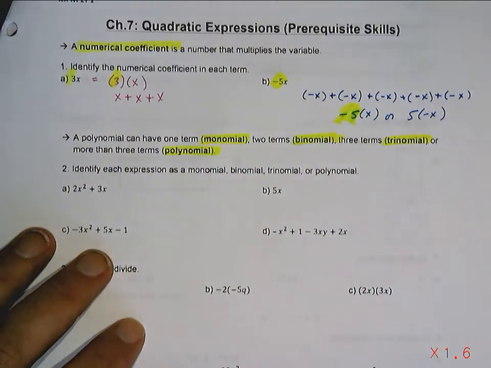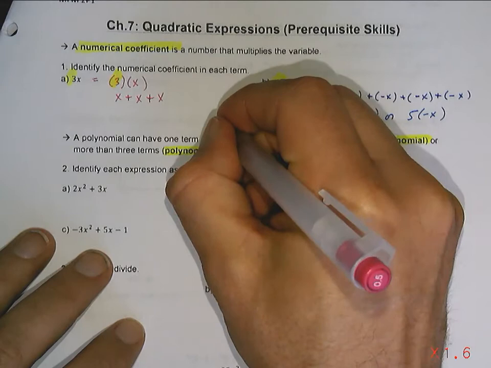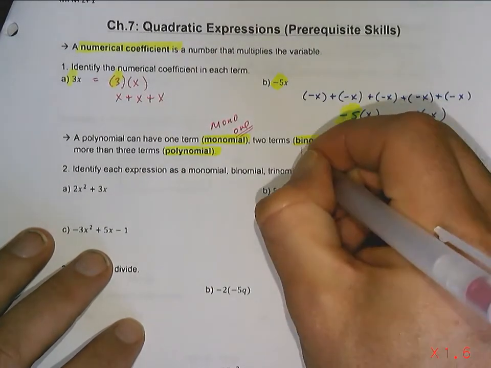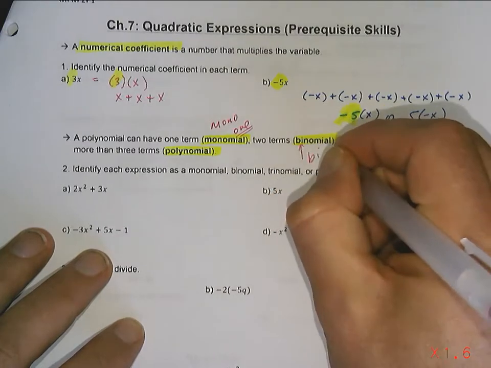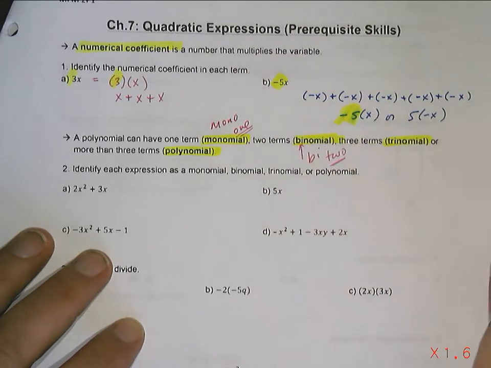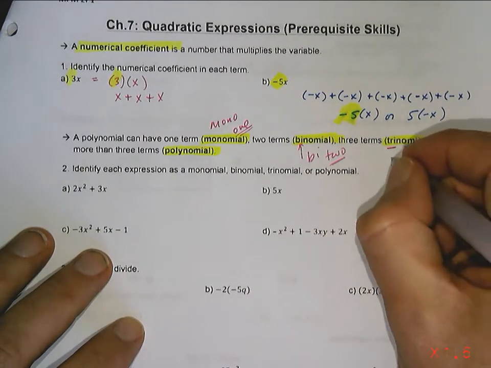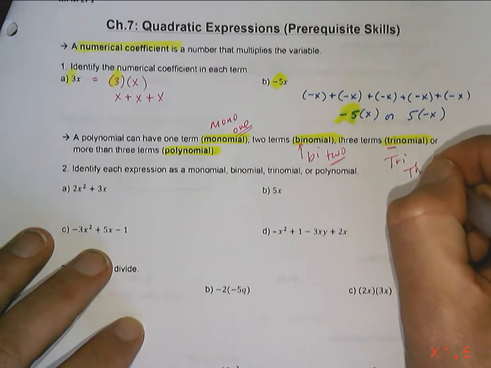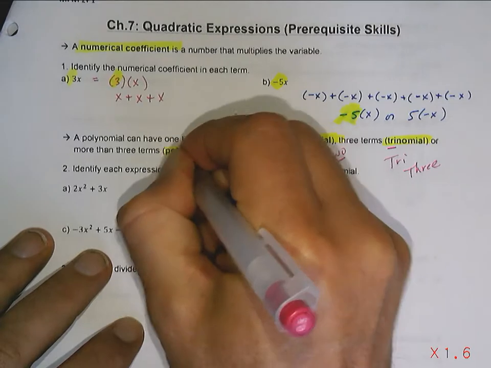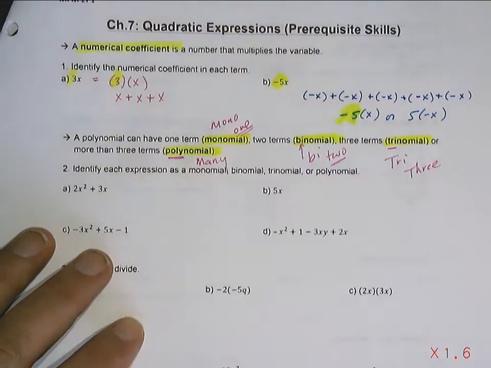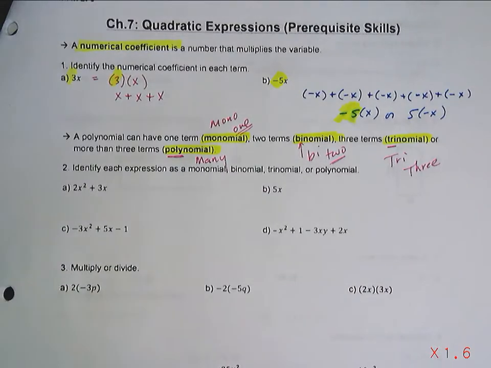So we need to understand that monomial, mono, means 1. Binomial, bi, means 2. Bicycle, bi. And trinomial, tricycle, means 3. And poly means many. Okay?